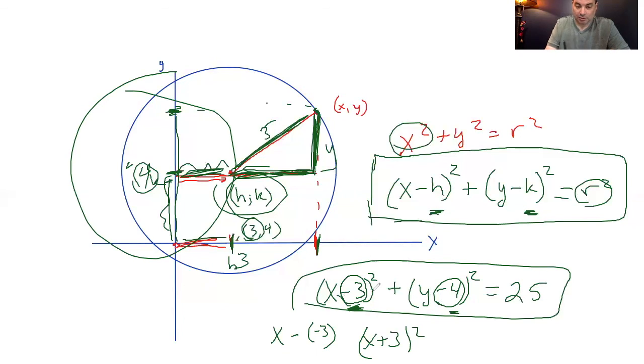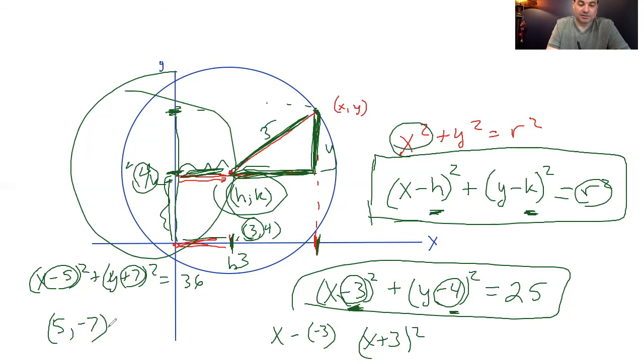So if I see an equation like x minus 5 squared plus y plus 7 squared equals 36, that tells me the center of the circle is positive 5, because it's the opposite of what I see in here, since you're subtracting that from the x, and the opposite of what I see here, negative 7.